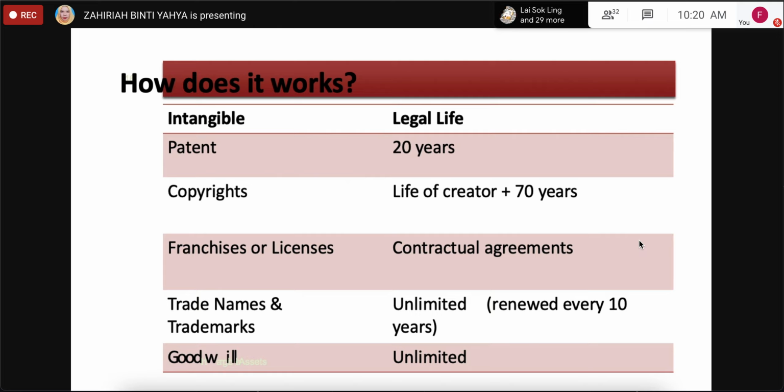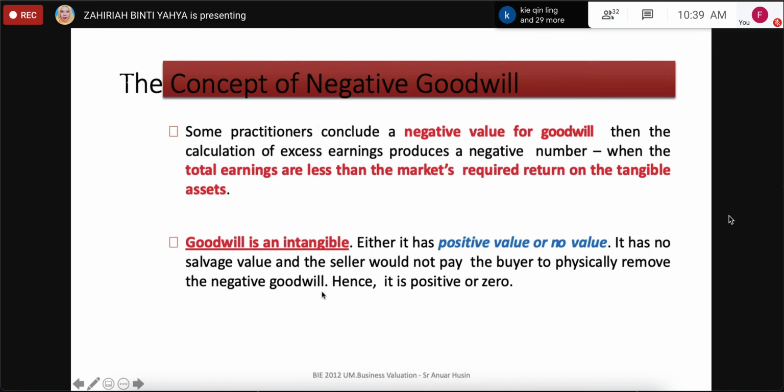So you tak payah letak negatif. Okay, so goodwill is an intangible. Either it has positive value or no value. It has no seller value, and the seller would not pay the buyer to physically remove the negative goodwill. Hence it is positive or zero.